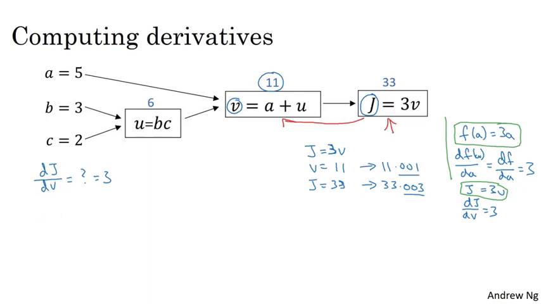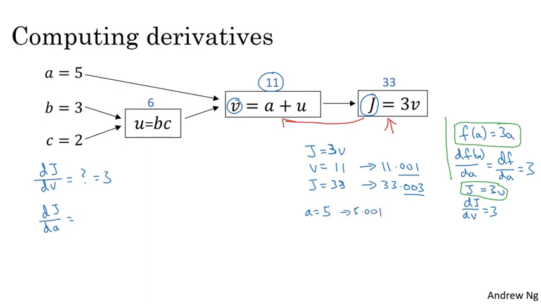Now let's look at another example. What is dj dA? In other words, if we bump up the value of a, how does that affect the value of j? Well, let's go through the example. Right now a is equal to 5. So let's bump it up to 5.001.